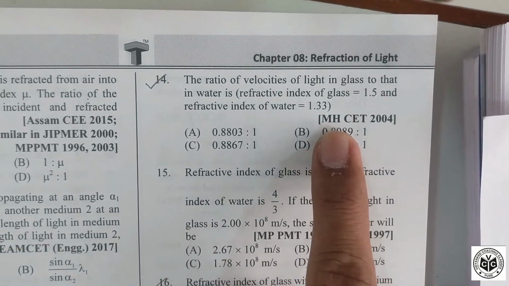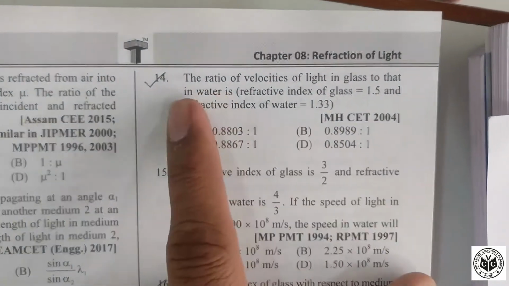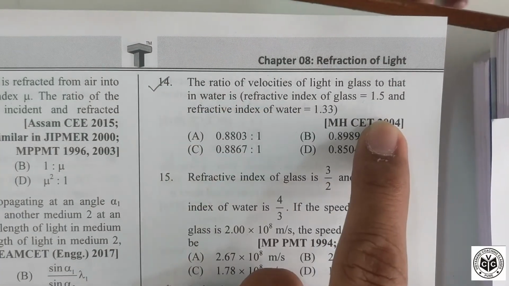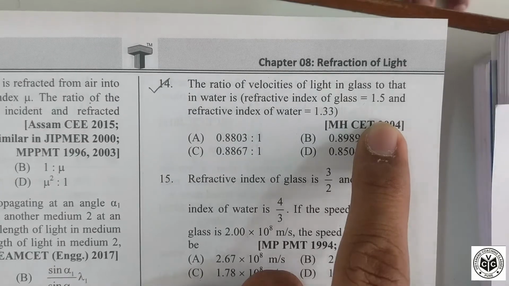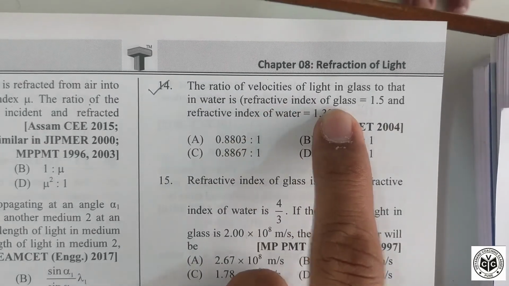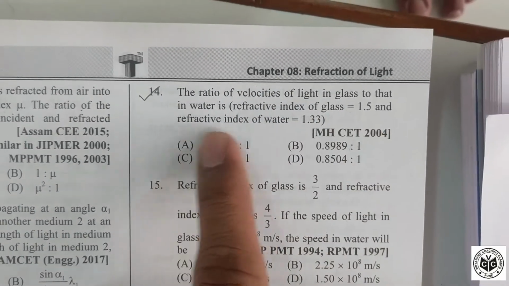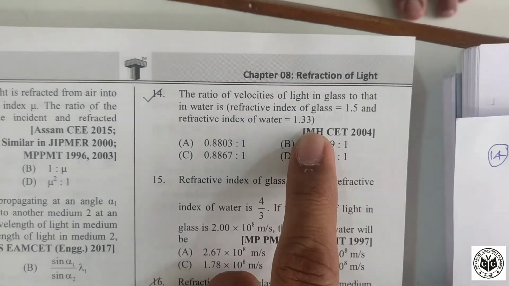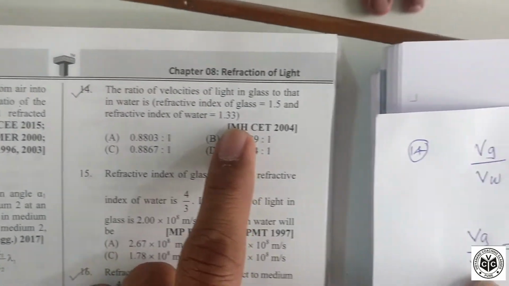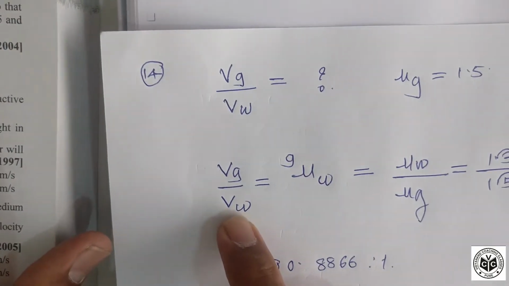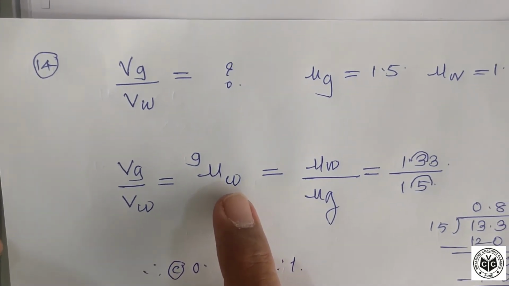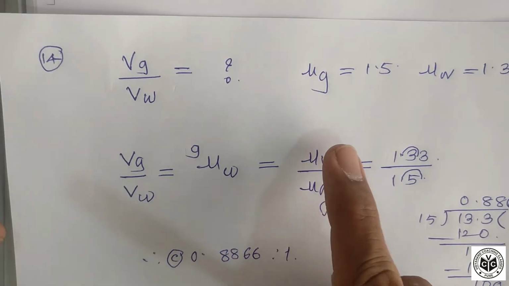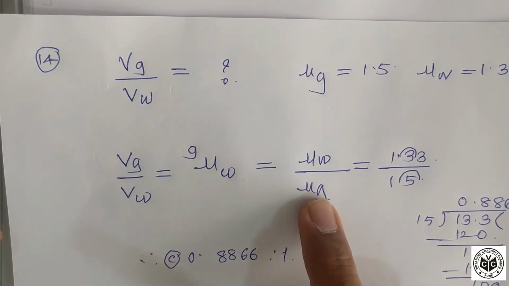This is asked in CET 2004. Ratio of the velocities of light in glass to that of in water is to be found out. So, refractive index of glass is 1.5 and refractive index of water is 1.33. These are absolute refractive indices. So, velocity of glass upon velocity of water is nothing but refractive index of water with respect to glass, which is nothing but refractive index of water upon refractive index of glass.